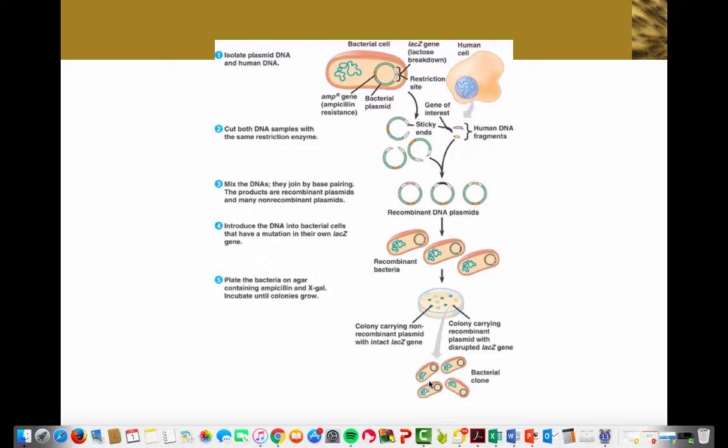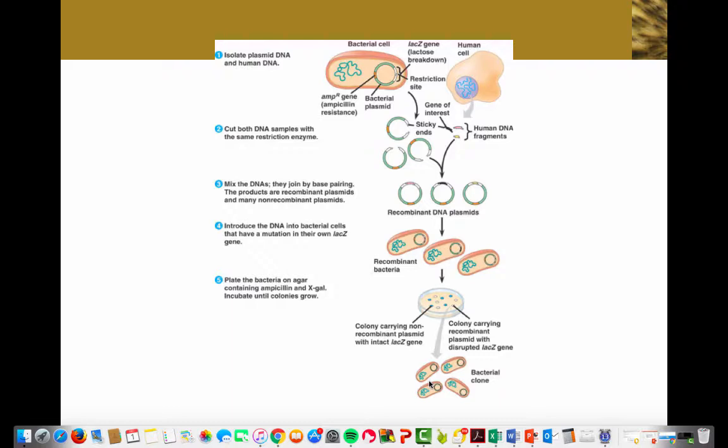So essentially what happens is only the cells that have the plasmid will grow. So if you have a cell that just has bacterial DNA but did not take up the plasmid, they won't grow when you plant them on here. Only these guys will grow.